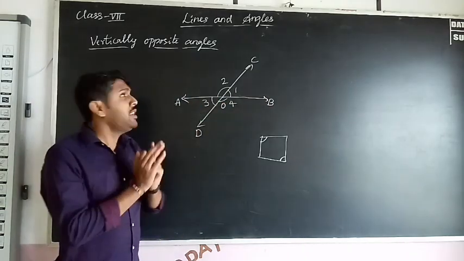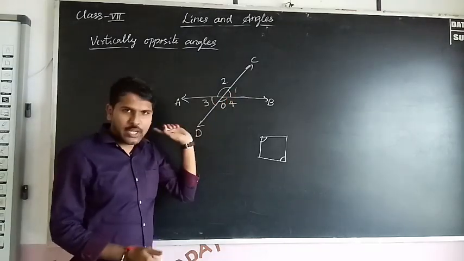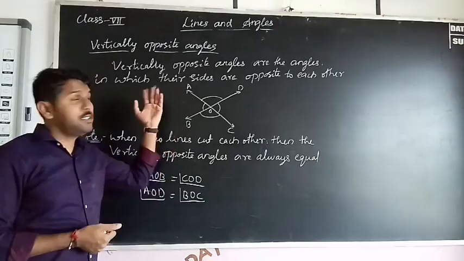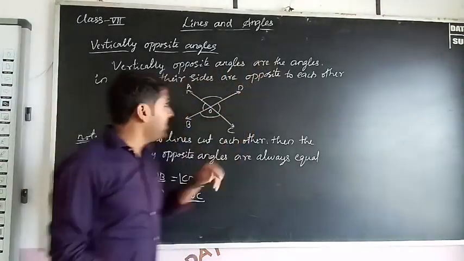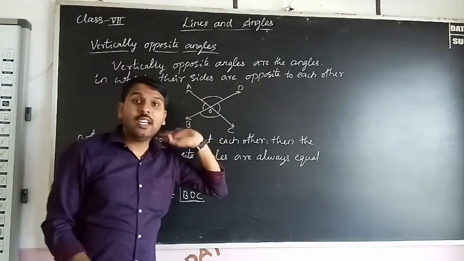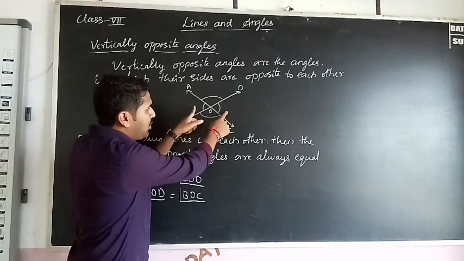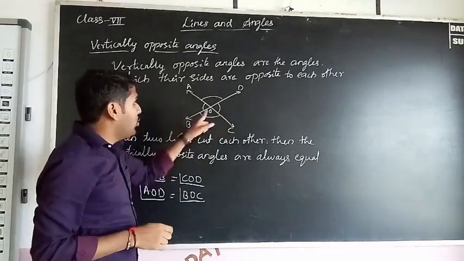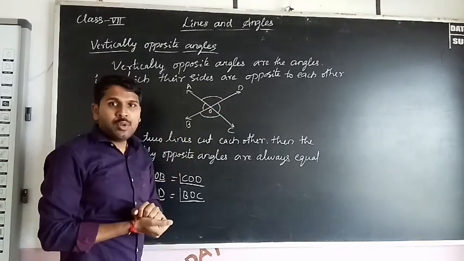Understand now? Just remember, if two angles are opposite with the same vertex, that means they are vertically opposite angles. So this is the definition. The vertically opposite angles are the angles in which their sides are opposite to each other: side OB is opposite to OD and OA is opposite to OC.